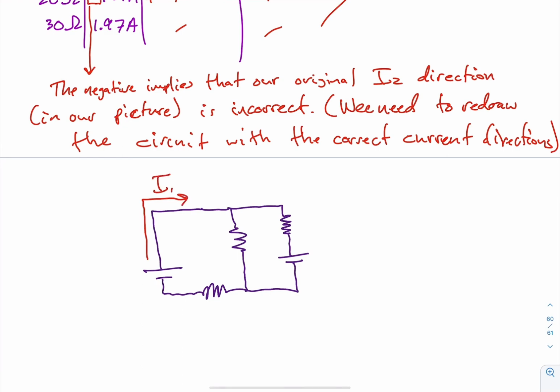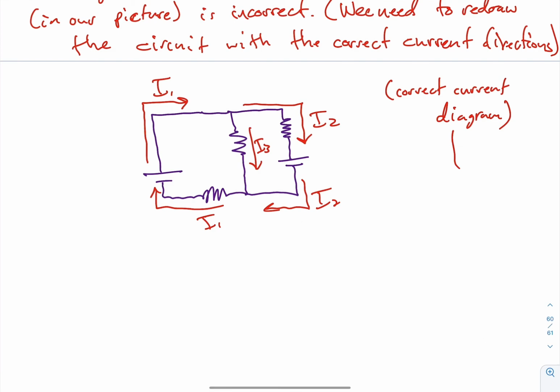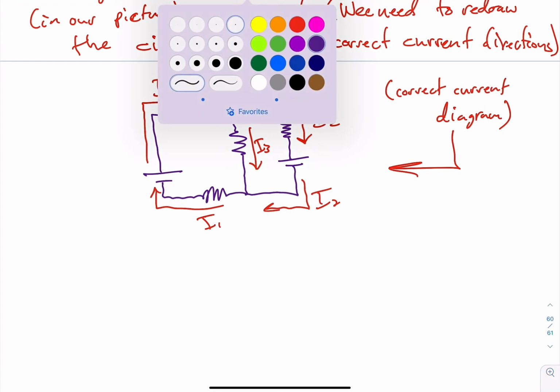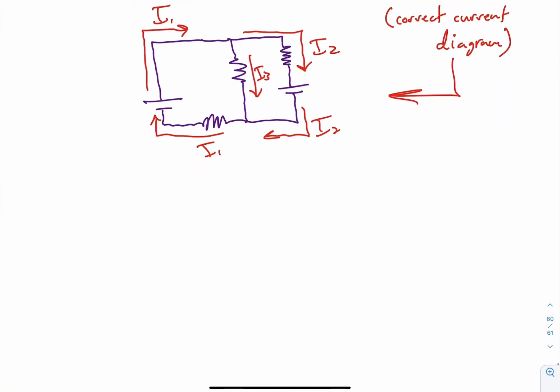We have I1, I3, and I2, which we have decided is going this way because of the negative sign. So now we've shown the correct direction that the current is going in our circuit. I1 and I3 are going the same way as our original picture because our original picture had positive signs when we calculated the current, so we knew we drew them in the correct direction.